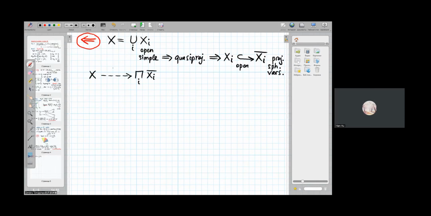Let me denote this map by phi. This product is a projective variety. And we may consider the closure of the image of this map in this projective variety. Let it be X prime. Now we have yet another rational map from X to X cross X prime.